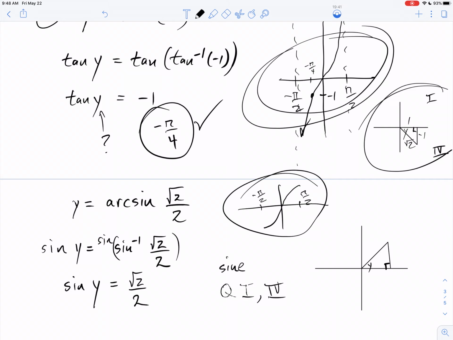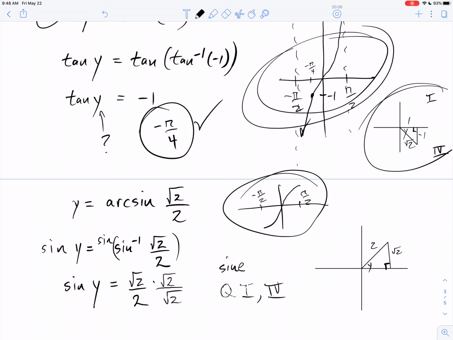Now, rad 2 over 2, if I write it like opposite over hypotenuse, it looks kind of weird because I don't have that in my bow tie. I don't have anything that looks like this. You can use Pythagorean theorem, you can figure it out, but this is a concept. Sometimes we do something called rationalizing the numerator.